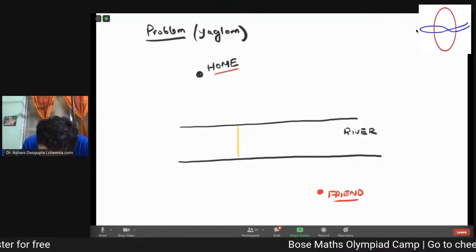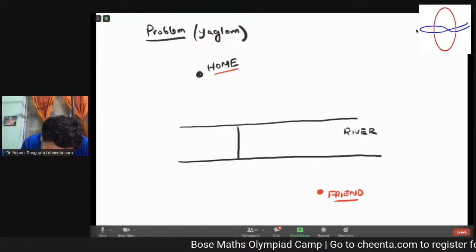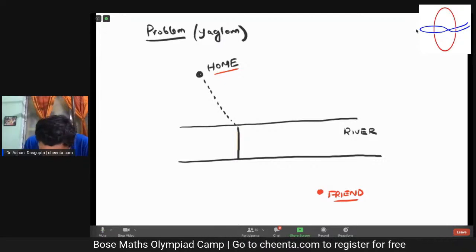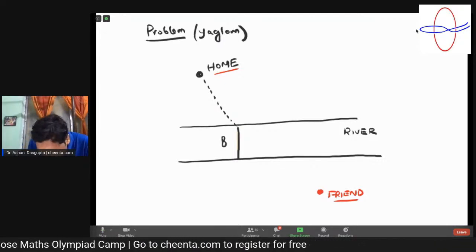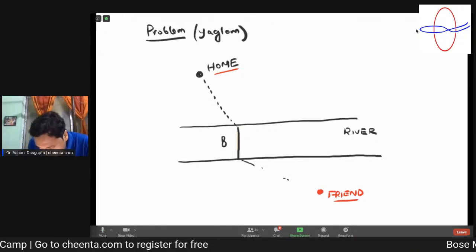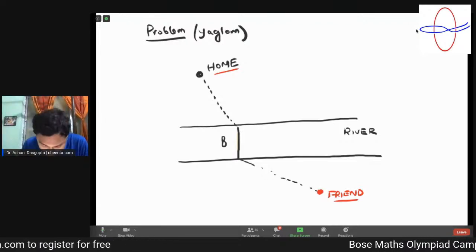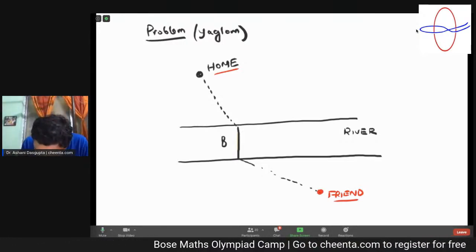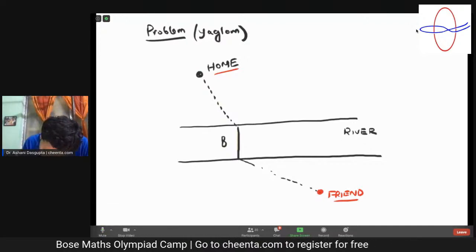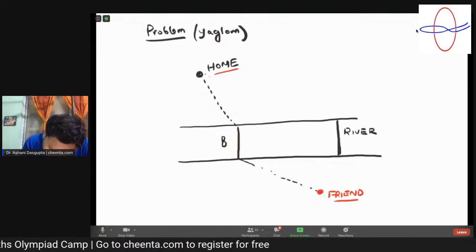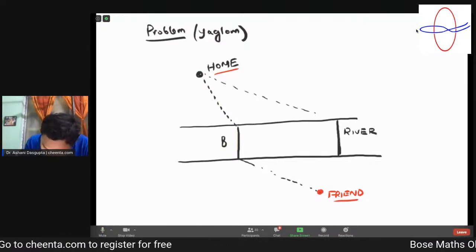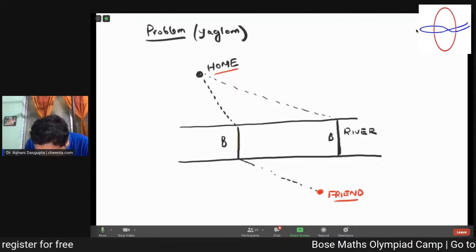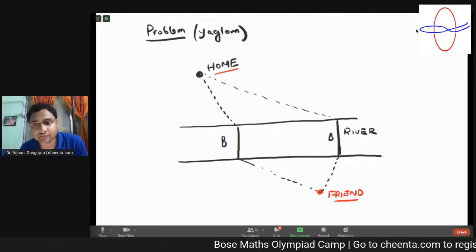Maybe I can draw this in black. So maybe this is the bridge. You can have the bridge in this particular position. Maybe you can have the bridge here. Then you can go from here to here, take the bridge, and then go to your friend's house.